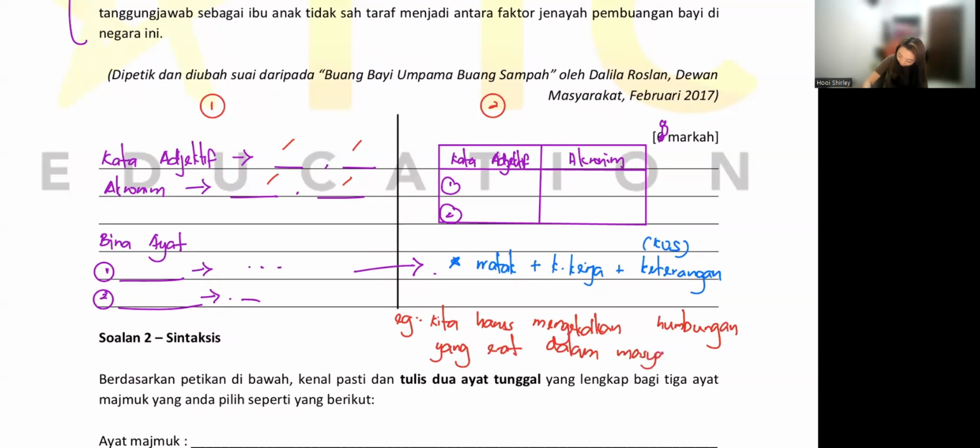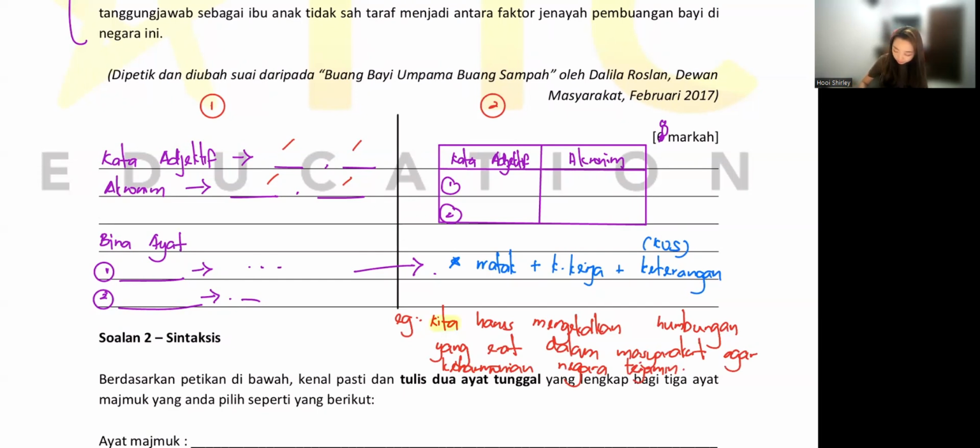You cannot stop like this. Use the keterangan: agar keharmonian negara terjamin.